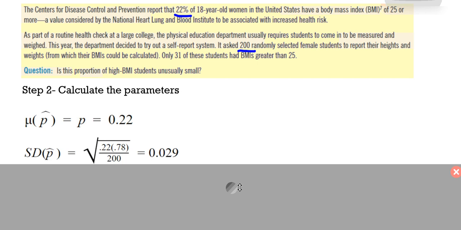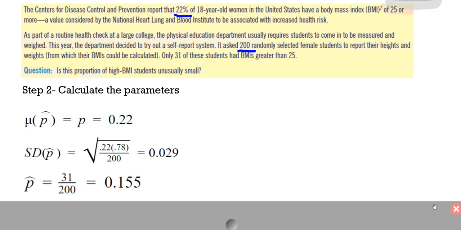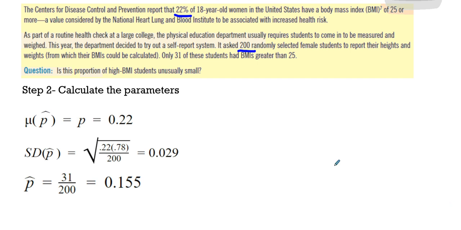Standard deviation, we're just calculating, right? 0.029, we plug everything in, calculate it out, 0.029, and then we do want our p-hat as well. Our sample is 15.5%. We expected it to be 22%. Is this unusually low? That's what the question is.